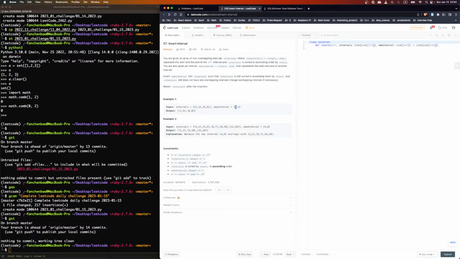Binary search the start will allow you to find where we should be, right? And once you know the position, because they can be the same, if they're the same, that's fine. So what we can do is bisect right, okay?